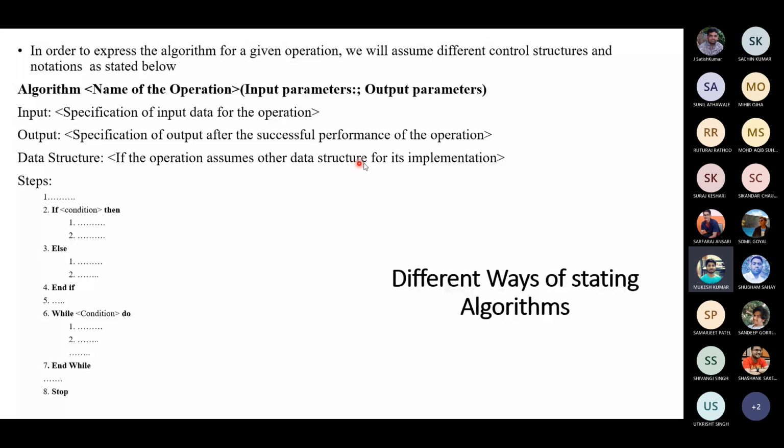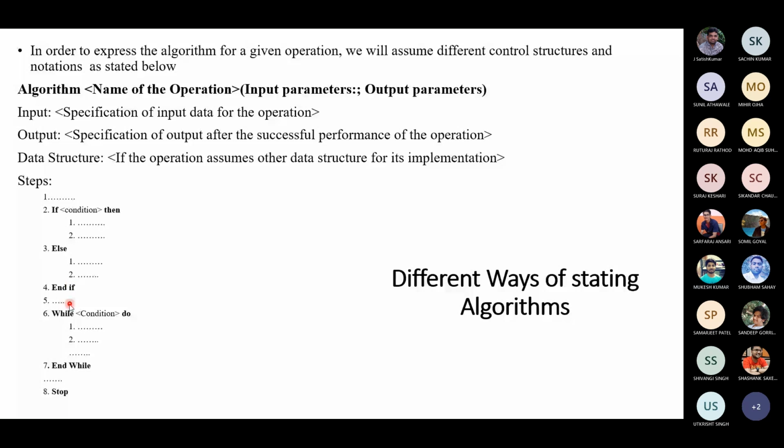Then I'm going to define steps. Step 1 is going to happen in terms of simple code, like input A, B, C. Those are my input values. Then I write a condition: if this condition is true, then step 1.1 is going to execute, and inside it step 1.2. If this condition fails, else we will execute 1.2. Then if we close here, again I define a set of steps.